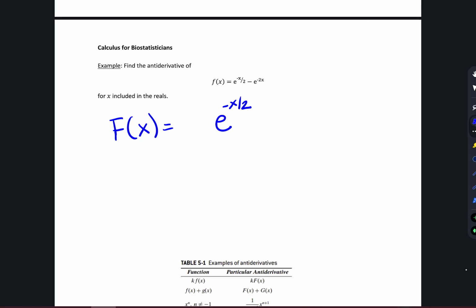But here I'm kind of thinking of a reverse chain rule. And so I know that if I take the derivative of e to the negative x over 2, that's going to be equal to e to the negative x over 2 multiplied by the derivative of what is in the exponent. So in other words, it's going to be multiplied by -1/2. But I don't want a -1/2 out front, I want a +1. So to negate that -1/2, I can multiply by a -2.